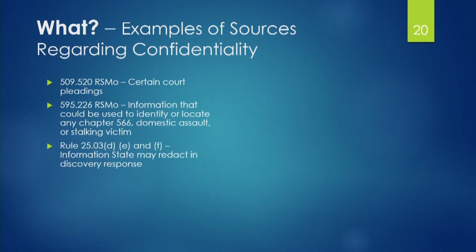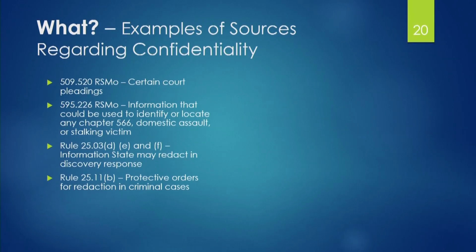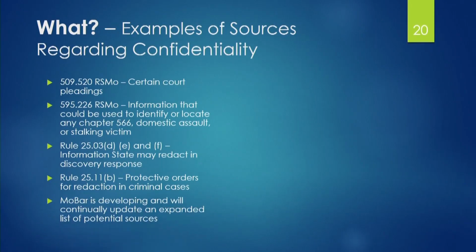In criminal cases, the prosecutor may redact information in discovery responses in criminal proceedings. So that's another explicit example of how one party may have the ability to redact things that is not made accessible to other people, or at least not at that stage of the proceeding. And that Rule 25.11B, you can also get protective orders for redaction in criminal cases.